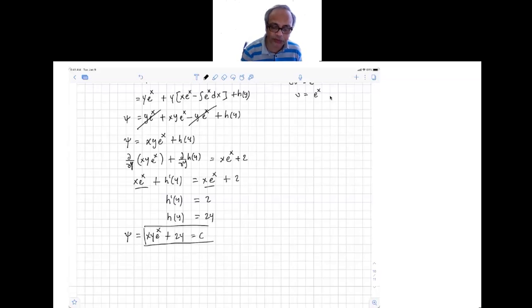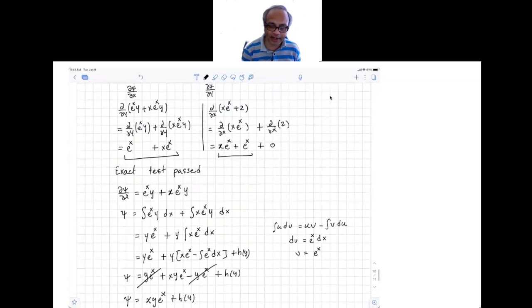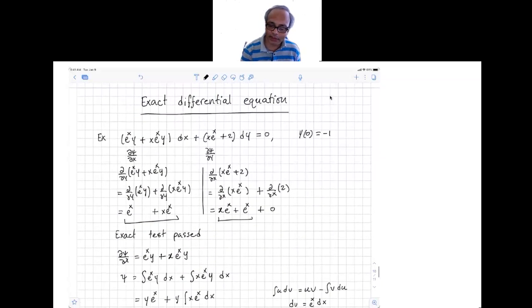All I need to do is to find c, and to do that I am going to consider this initial condition. y at x equal to 0 is -1. That means I have two values. One is for x, which is 0, and one is for y, which is -1.